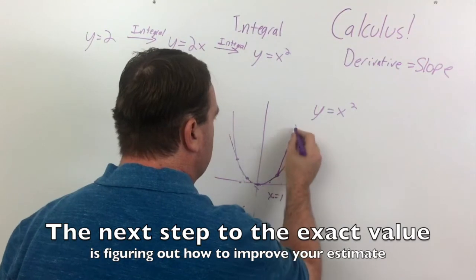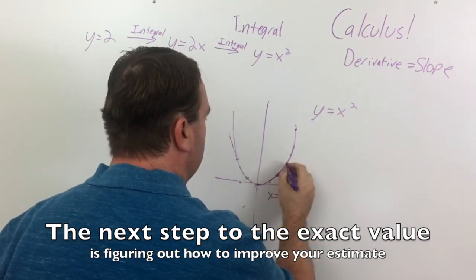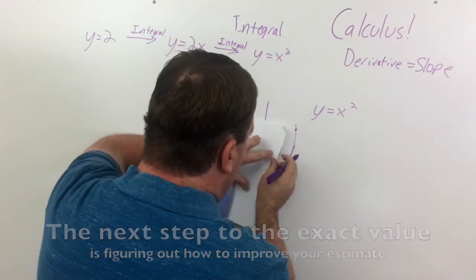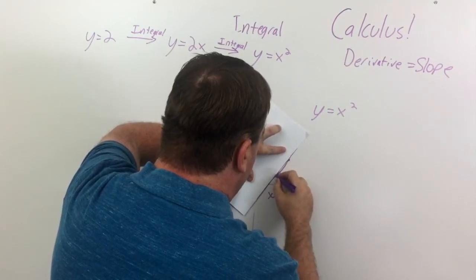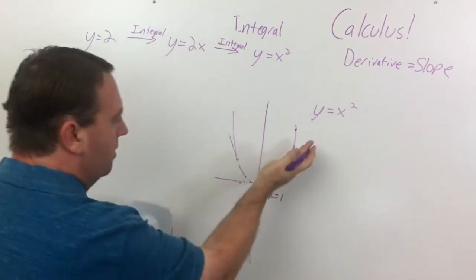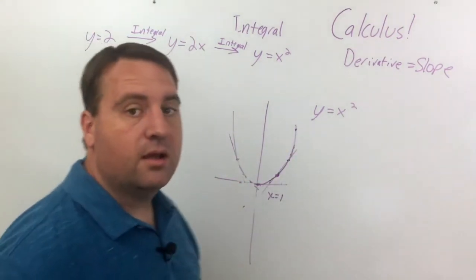So let's say instead of choosing this point way out here, that we instead chose a point closer in. Okay, so now we'll draw a line between these 2 points. So you can see we're not hitting the curve exactly, but we're a lot closer than we were.